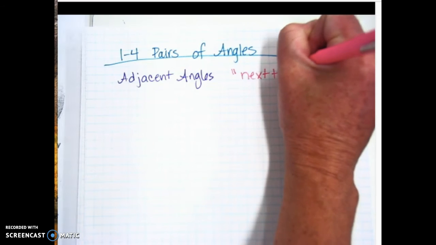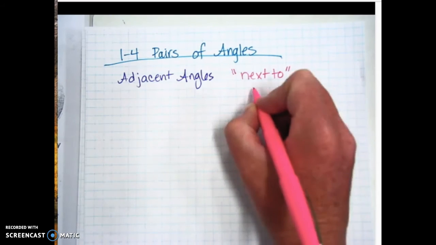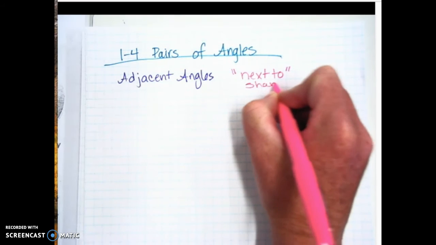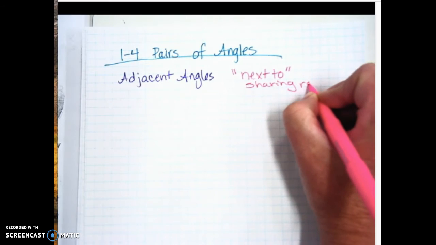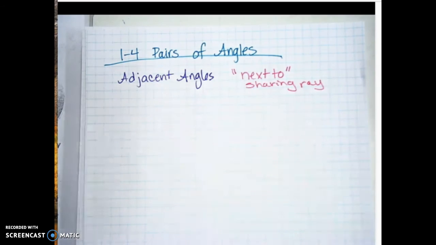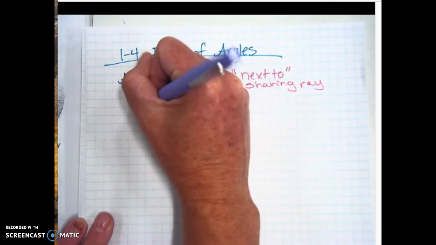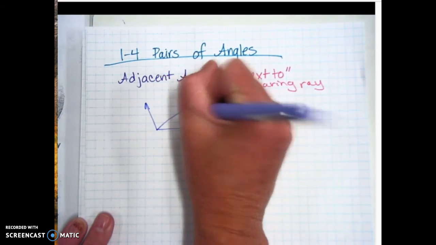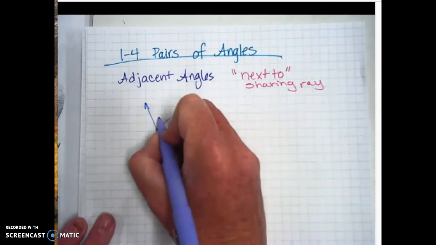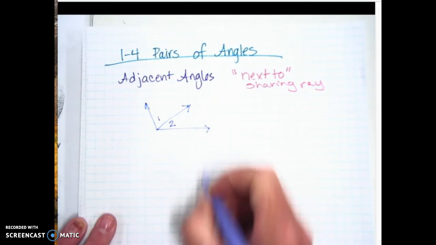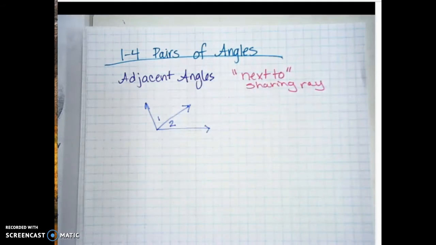They're sharing a ray. We're going to draw a little picture. There is a great example of adjacent angles. They are next to each other. Angle 1 and angle 2 are adjacent.